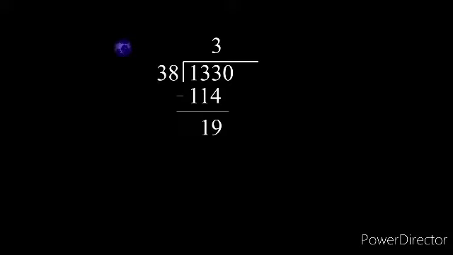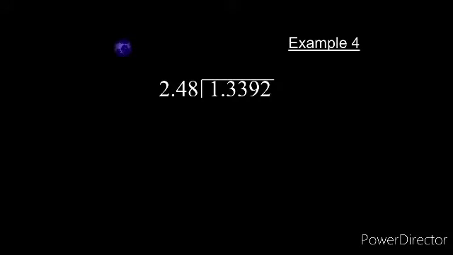Then 19 is not enough when we divide by 38, so we bring down the 0. It results to 190. 190 divided by 38, how much, class? Yes, 5. 5 times 38 equals 190. So just like that, class. We subtract, and it equals 0.